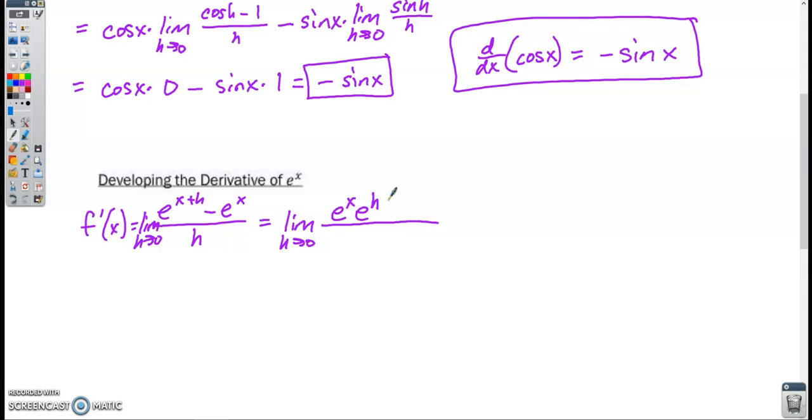If I multiplied e to the x times e to the h, everybody here can tell me that it's e to the x plus h. We just add the exponents. Well, we can go the other way and break that apart accordingly. And now, since there's an e to the x in both of the terms, I'm going to go ahead and factor an e to the x out of both of the terms.